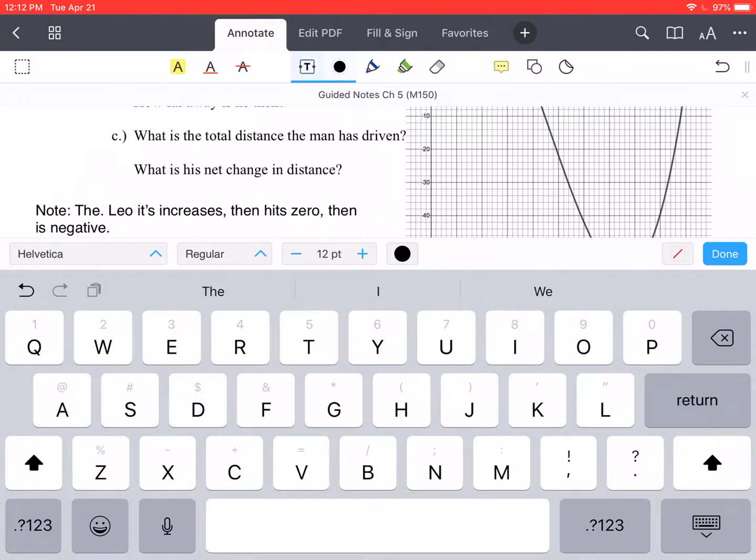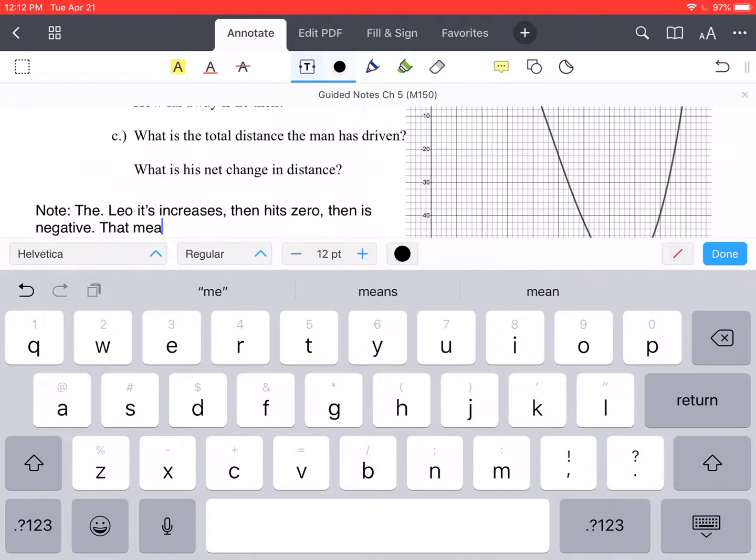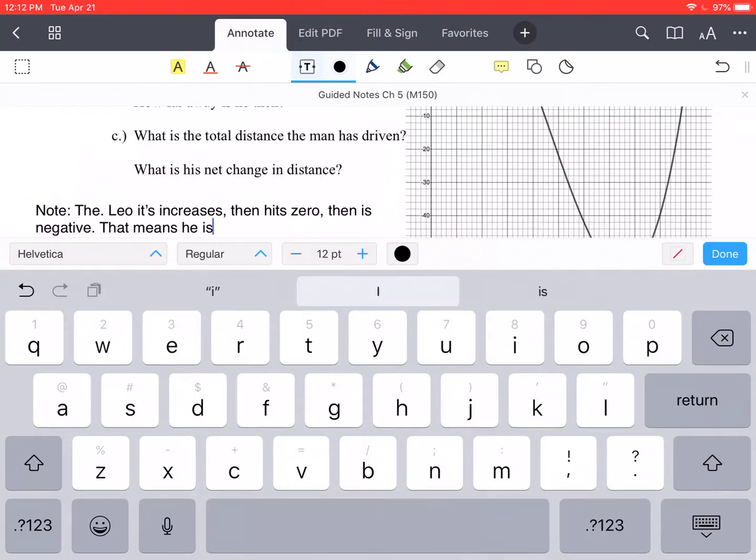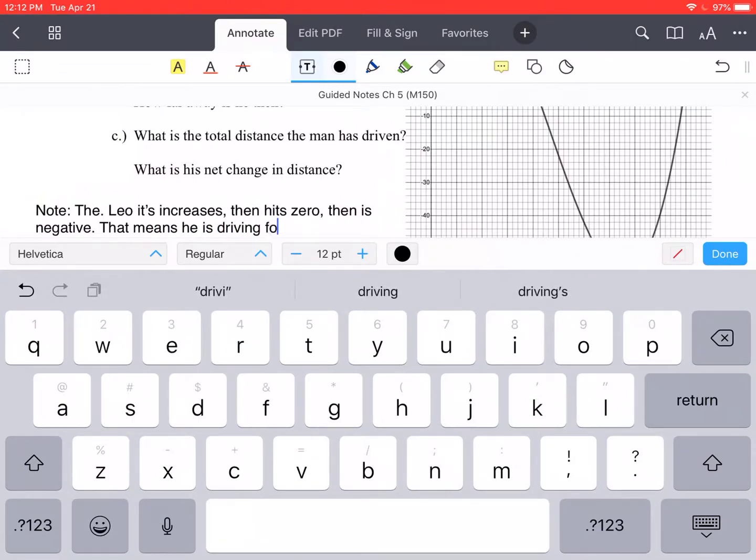So what does that mean for his driving? Well, that means he is driving forward. And when we say forward, that just means closer to home.